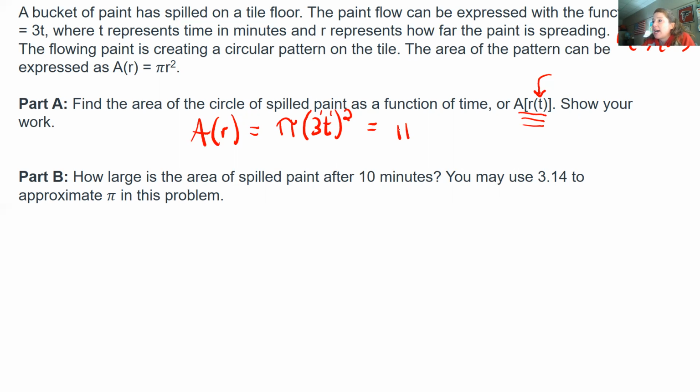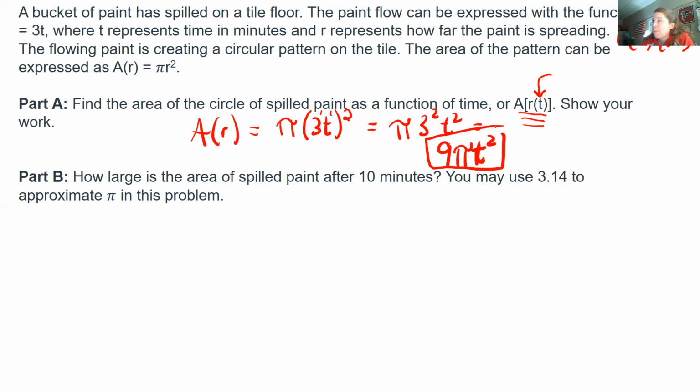We write pi times 3 squared t squared. Can I simplify that? Bring that 3 up to the front. 3 squared is 9, so 9 pi t squared. And that is the answer, you guys, for part A.